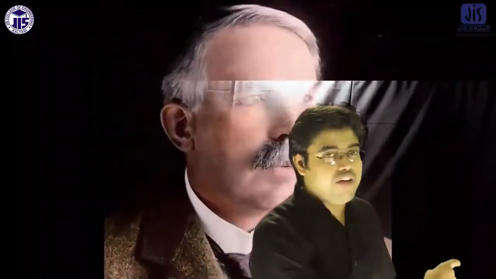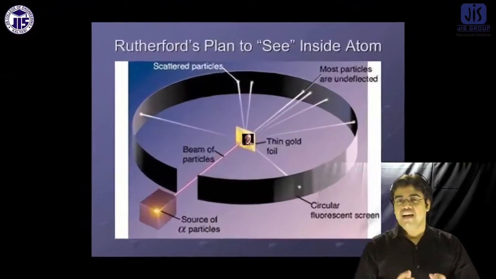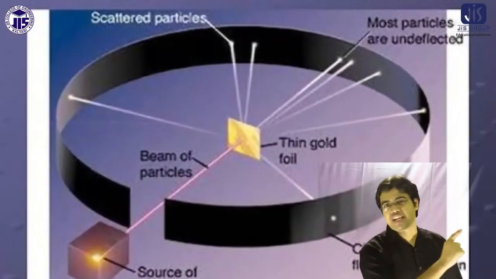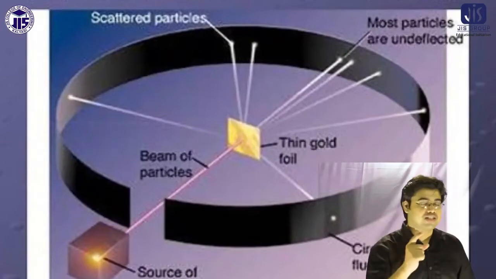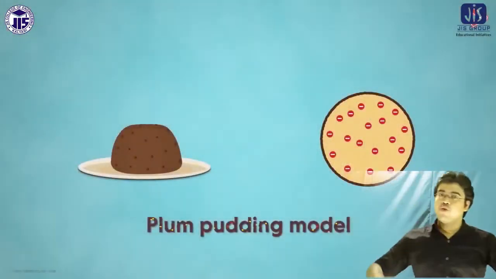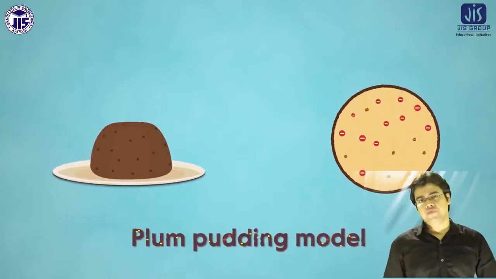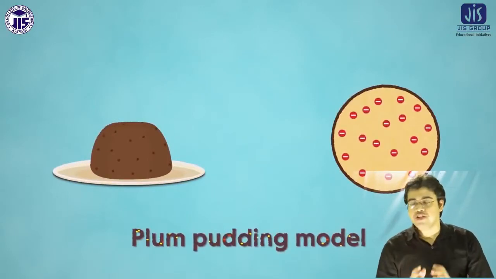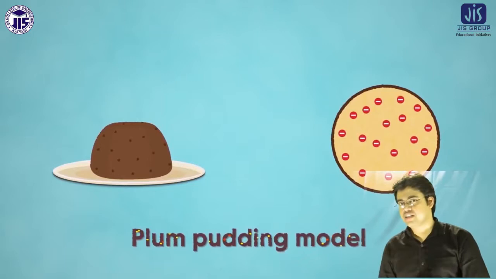And finally, Rutherford came to the field and introduced a new concept of atomic structure. But for that, Rutherford did one very famous experiment: the alpha scattering gold foil experiment. Before Rutherford's atomic model, there was one famous, widely accepted model.